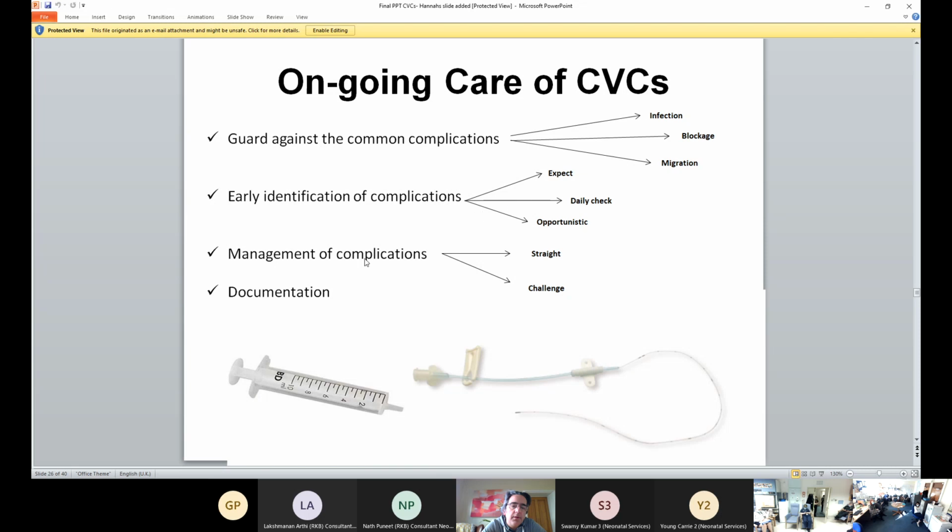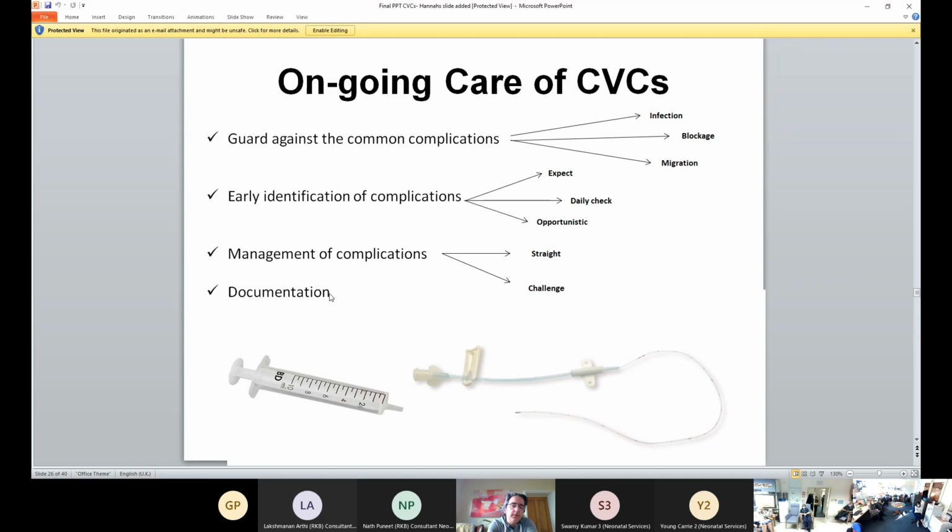Documentation. Most of the units will keep a sticker. This sticker contains the points you need to fill in after putting in a long line or reviewing a long line. That will include, number one, date and time, indication, any adjustment to the line, verification of the position on the X-ray, and whether that was reviewed by the consultant or not.